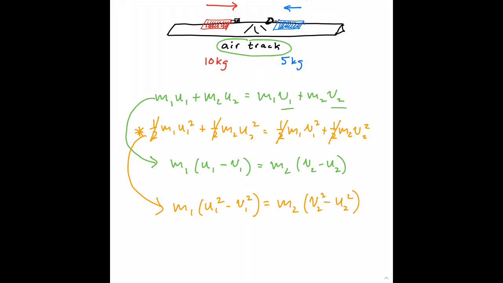I think I can take that a step further and say this is the same thing as m1 times (u1 minus v1) times (u1 plus v1), see where I'm going with this, equals m2 times (v2 minus u2) times (v2 plus u2). All right.